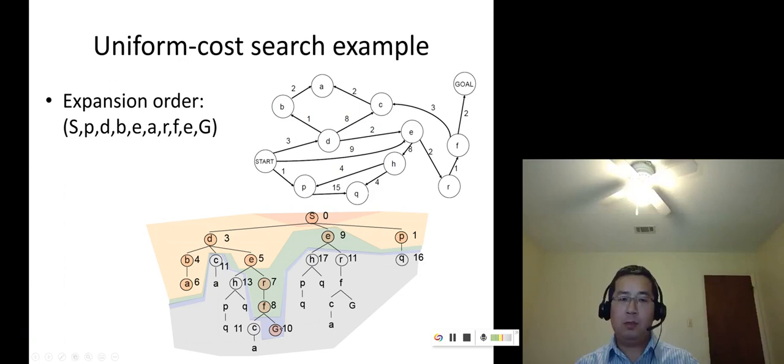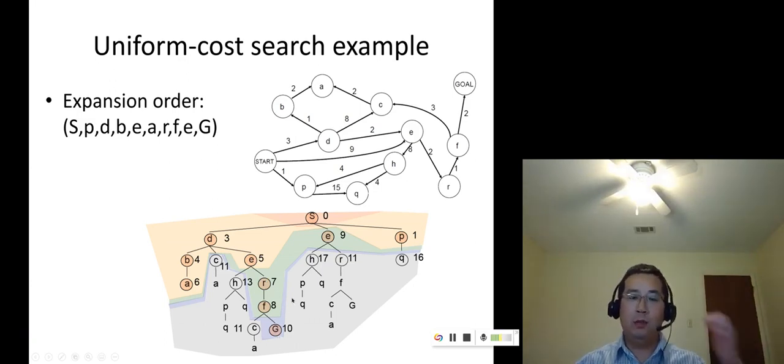Of course, if you visit the nodes again, you will update the node's cost. So if you reach the goal G, you will always find the smallest distance to reach the goal.